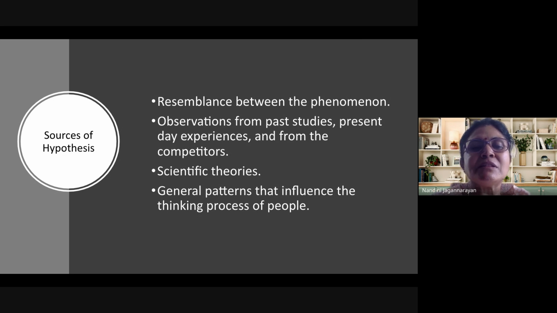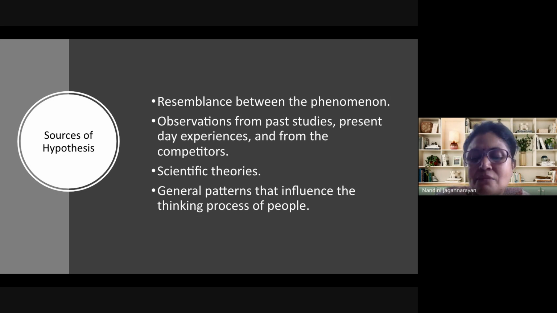The general pattern, for example, when I saw there were a lot of women shopping, and year after year I've been seeing women going and crowding in sari shops, then I feel that women are the ones who shop for saris. It's a general pattern that has been followed. We have not started with sources of hypothesis. Maybe we will start from the next class.